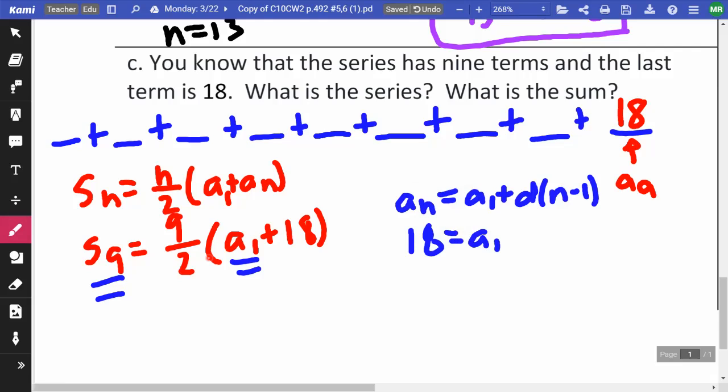I don't know what I'm adding, but I do know that there's 9 of them. So this is going to be 9 minus 1, or 8D. So I have an A1 again, and I have a D. In both cases, I end up with 2 variables and cannot find one.